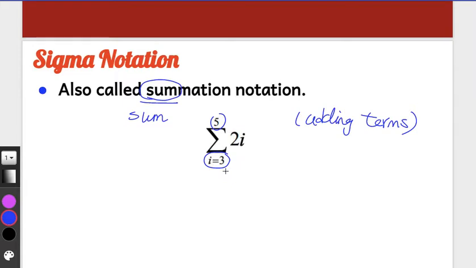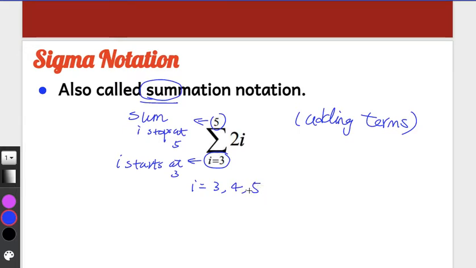The bottom is the counting number for i. i starts at 3, and then we just keep counting and stop at 5. For example, this means i is going to equal 3, 4, 5.